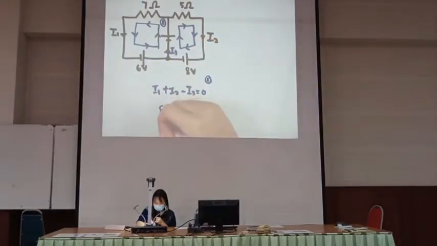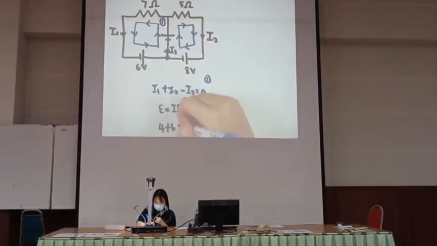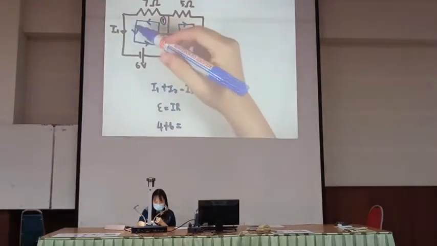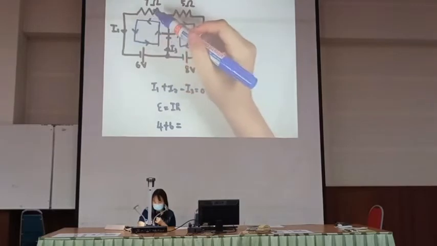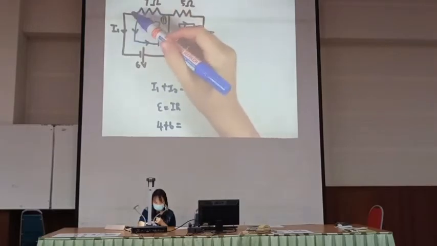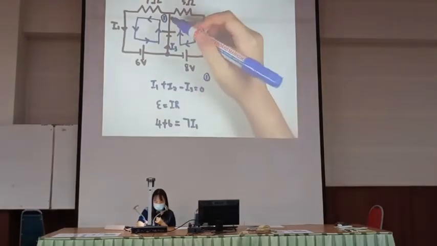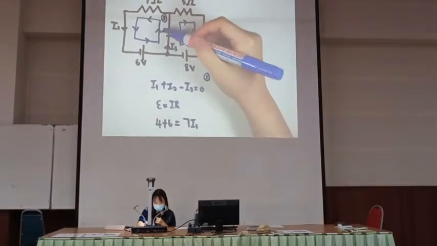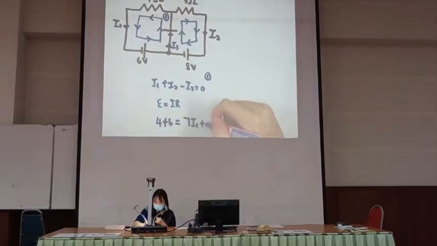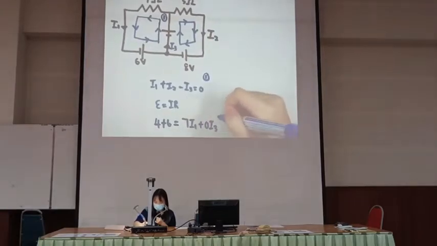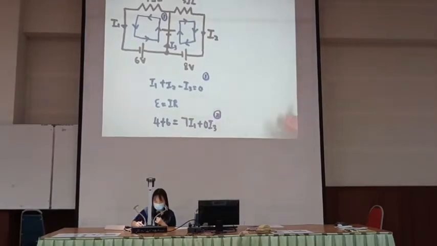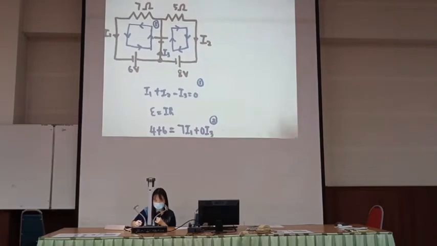So 4 plus 6 equal to, and I1 passes through the 7 ohm, so it is 7 I1, and I3 does not have any resistor, so it is 0 I3. This is our second equation.